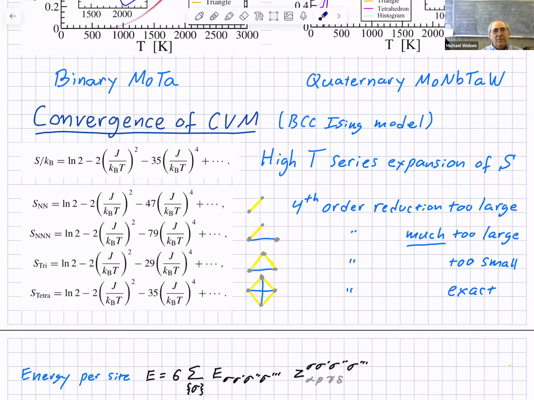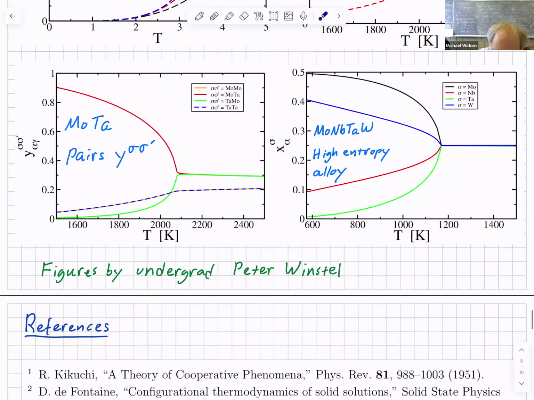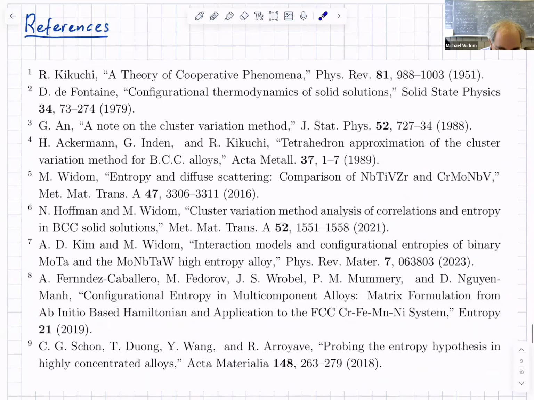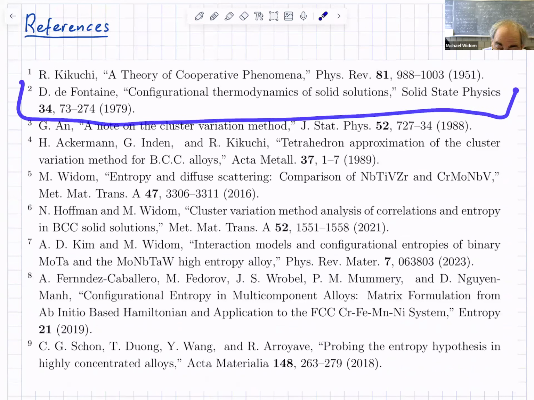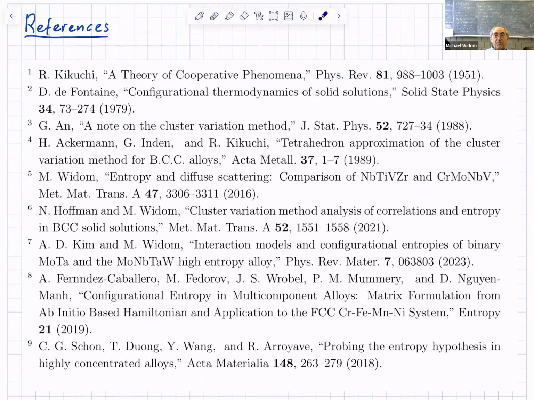As you say, the high temperature series is a way to think about it. There's also a nice paper by Vul and de Fontaine. I don't know the year of it, but Vul, V-U-L, and Didier de Fontaine, who has done a lot of great work on order-disorder transitions. And I cite here, by the way, a really excellent review article of his.